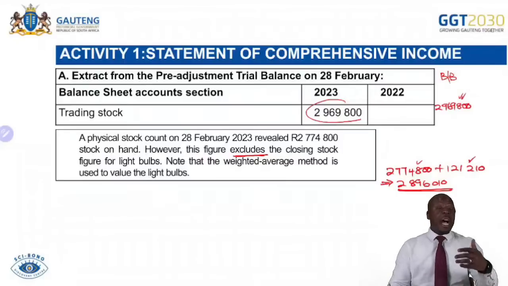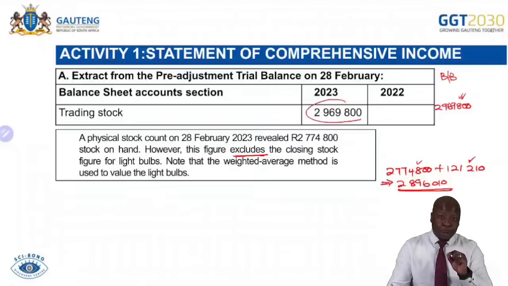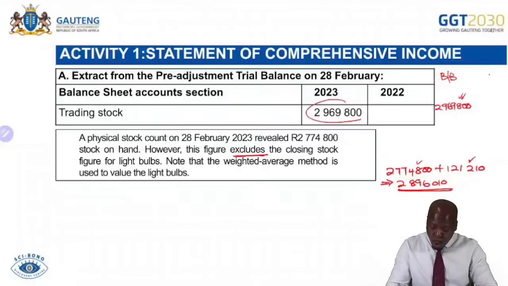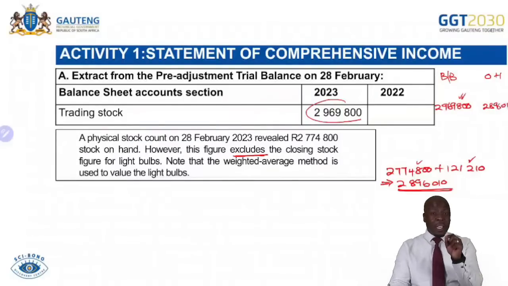However, we have done a physical stock taking now, and after the physical stock taking, we have stock on hand. The stock on hand is 2,896,010. So we have two different figures here.